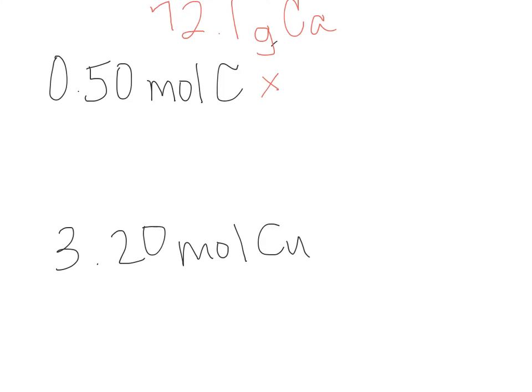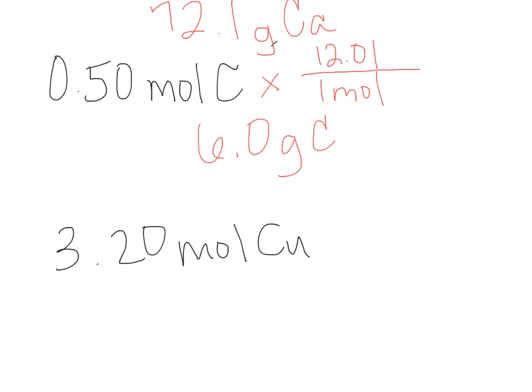We want the unit mole to cancel out. 1 mole goes on the bottom. On top, we're going to put our mass number. Okay, that's our molar mass. So carbon's mass number is 12.01. Okay, 0.5 times 12.01. If we round that off to the nearest tenth, it's going to be 6.0 grams of carbon. And just for clarity's sake, let's put grams of carbon up here in our conversion factor.